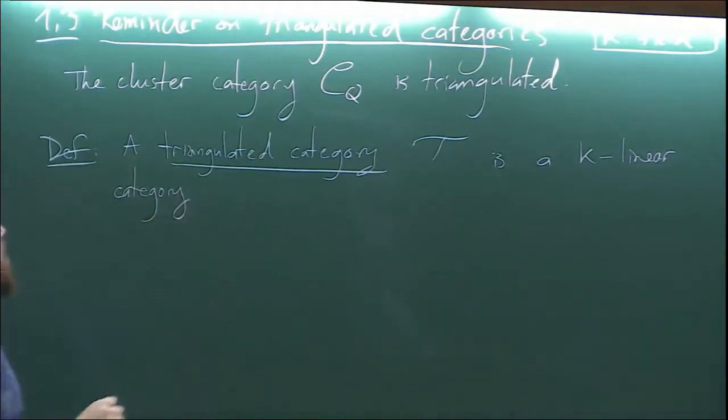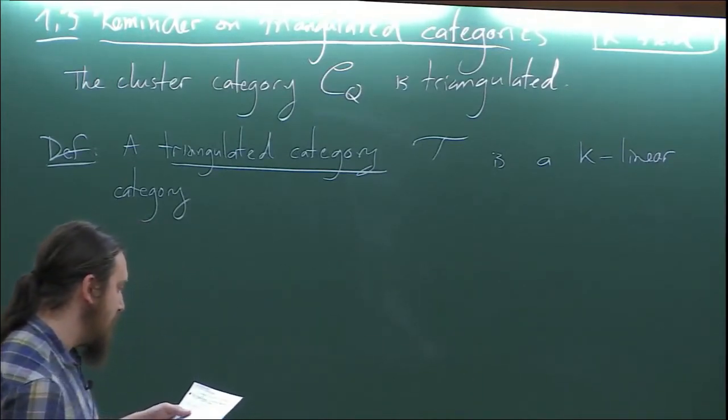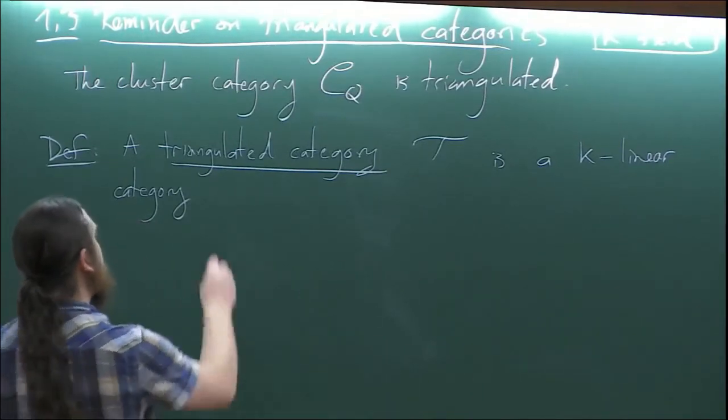So a K-linear category is a category where you have direct sums and where the set of morphisms between any two objects is a K vector space, and composition of morphisms is bilinear. So if you think of a module category, this is a K-linear category. In fact, all categories that we've seen in Laurent or Bernhard's lectures are all K-linear. So it's a K-linear category equipped with several things.